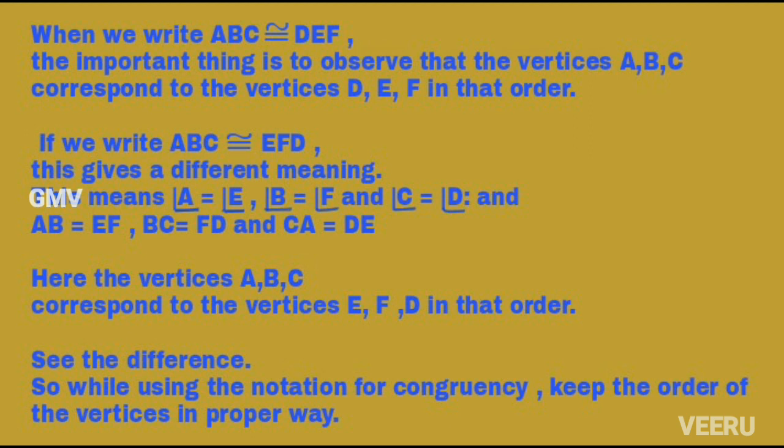Observe that here the vertices A, B, C correspond to the vertices E, F, D in that order. See the difference. So, while using the notation for congruency, keep the order of the vertices in the proper way.